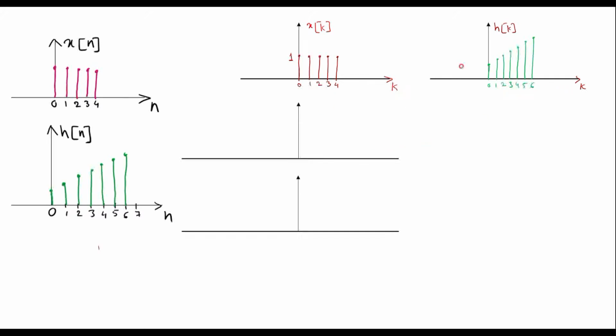Now we'll try to plot the h of n minus k signal. H of n minus k signal is obtained by taking the reflection of the h of k signal. That is, at n equal to 0, say its magnitude is this one, and the sample which exists at k equal to 1 will appear at k equal to minus 1. So we'll take the reflection of that.